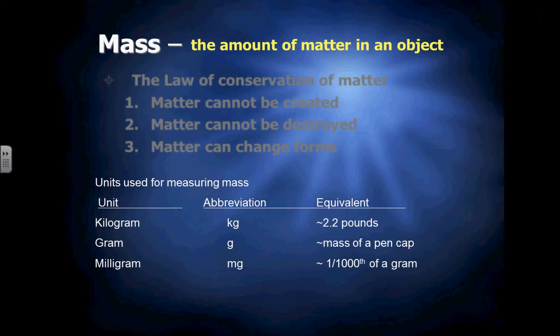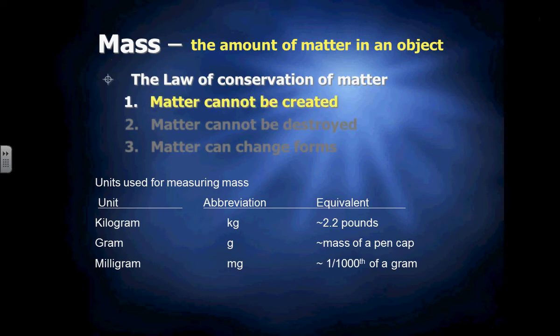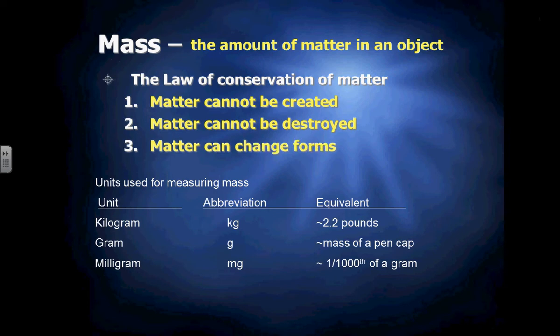Now, when we talk about mass, we have this concept, and it applies to energy as well as mass. It's called the law of conservation. This law says that matter cannot be created, it cannot be destroyed, it can only change form.